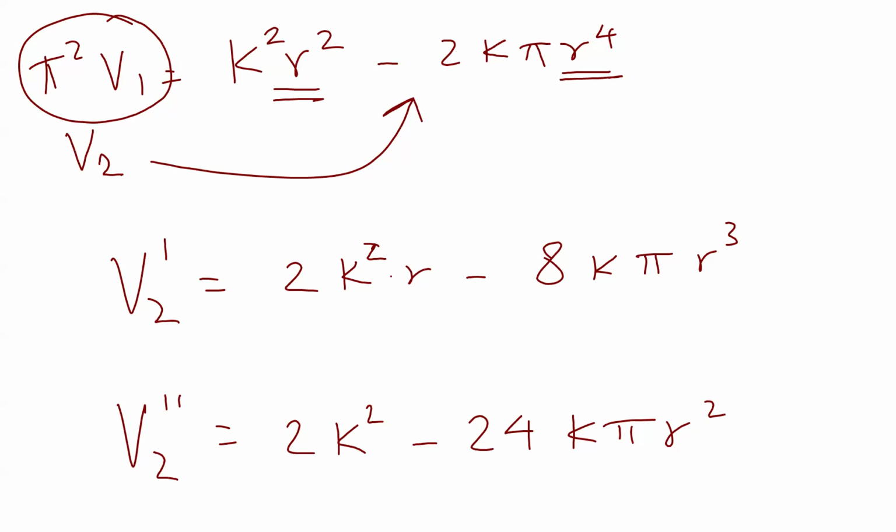Now step 1. What is step 1, guys? V2 dash is equal to 0.